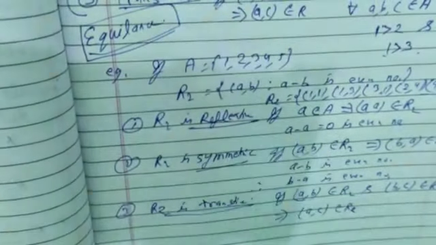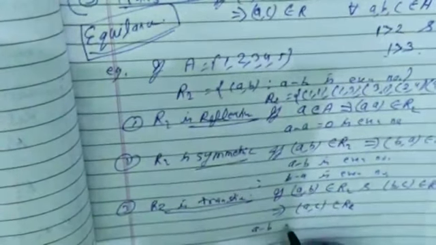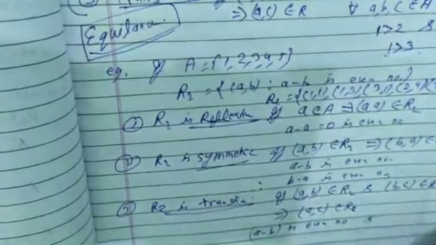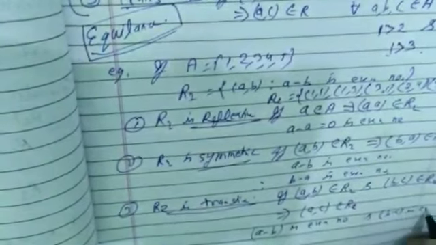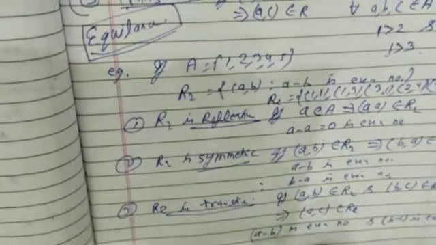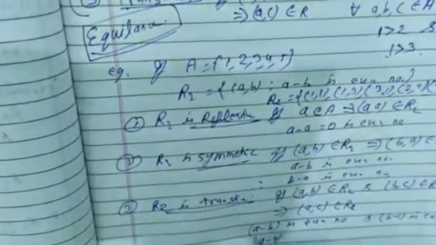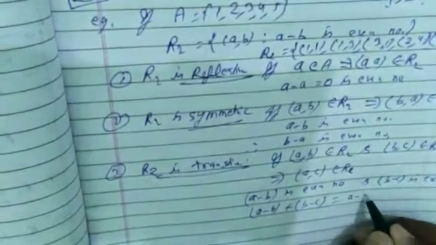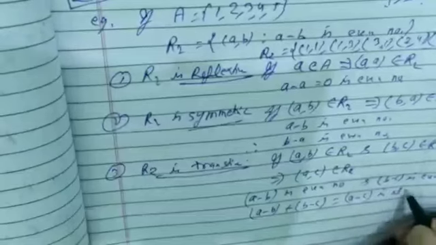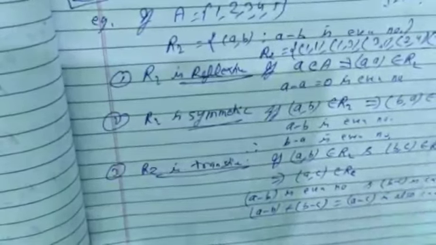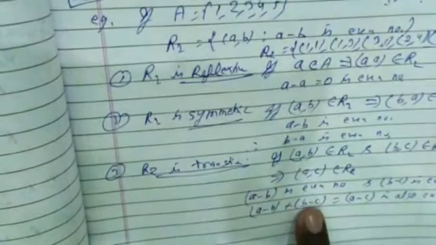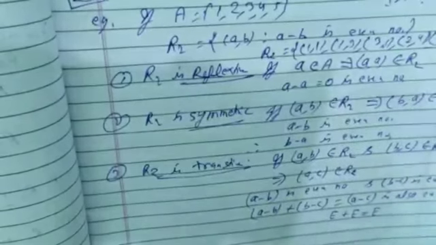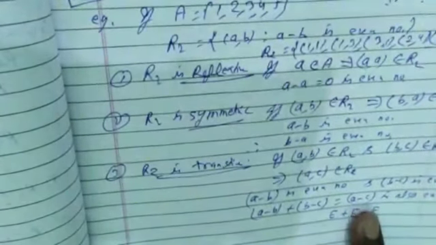In this example, a minus b is an even number and b minus c is an even number. So adding both, (a minus b) plus (b minus c) is equal to a minus c, which is always an even number, because even plus even is equal to even. So then a minus c is an even number.